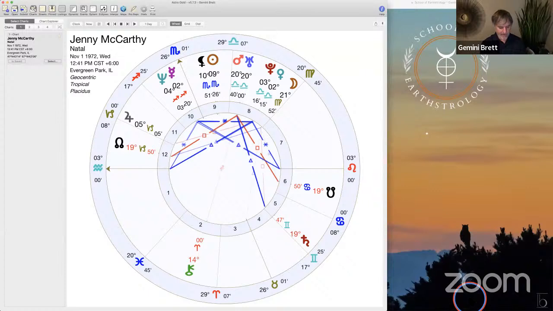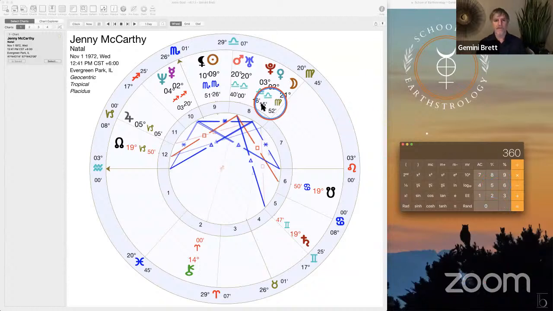Let's get the calculator out. According to my calculations, first of all, how much is 25 arc minutes? I divide that by 60 minutes in a degree, and it's 0.4166 of a degree. So Venus and Mars are separated by 18.4166 degrees. All right.